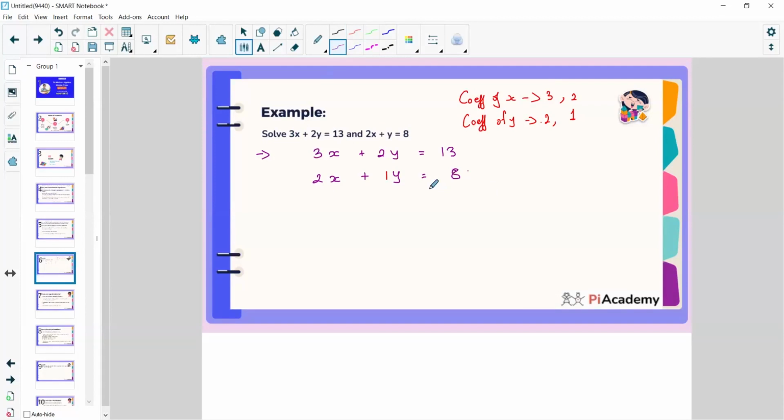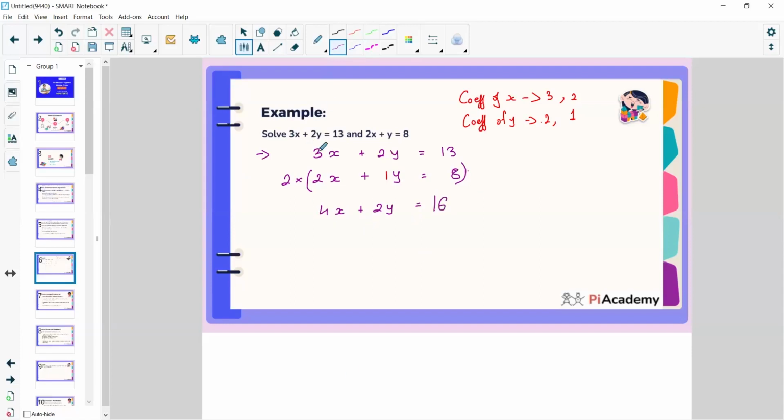So over here, what do we need to do? We just need to make the coefficients of y the same, right? And how can we do so? We just need to multiply this entire equation by 2. So what would we get? We would get 4x plus 2 times y is 2y equals 2 times 8 is 16, right?